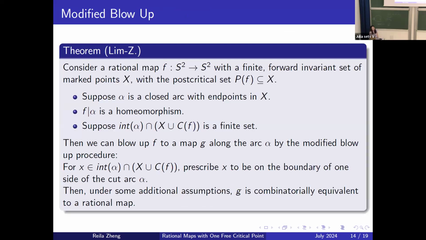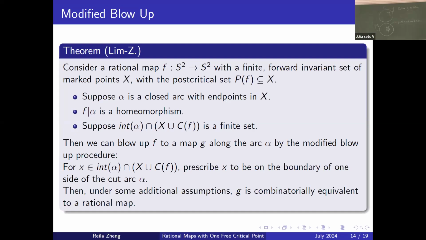You can modify the blow up procedure to allow points on the interior of the arc that are in the critical orbit. So you can take out the assumption that on the interior of the arc there's no point in a critical orbit, and you can do this blow up by just prescribing for each one of those points which side of the disk you'll define it to be on.